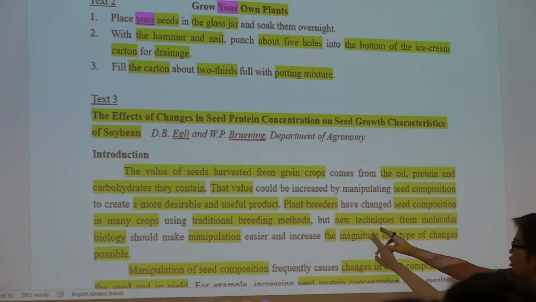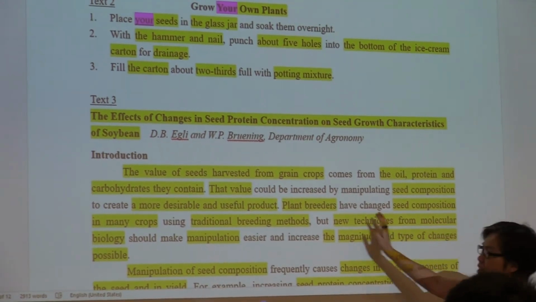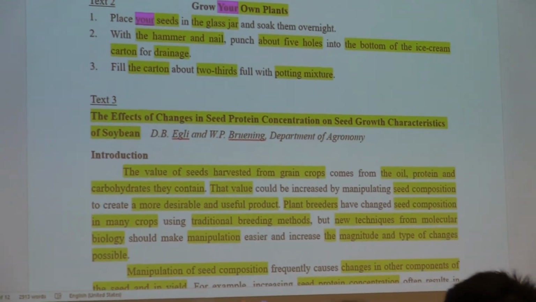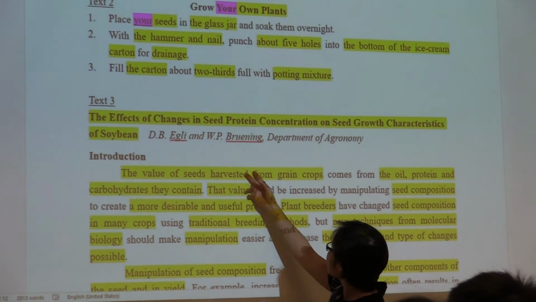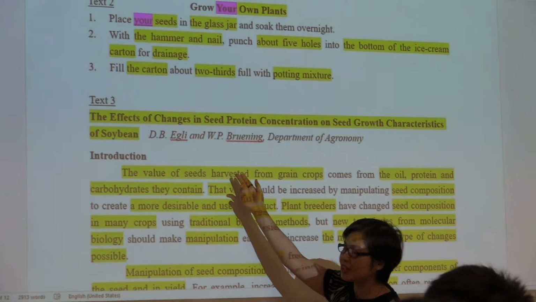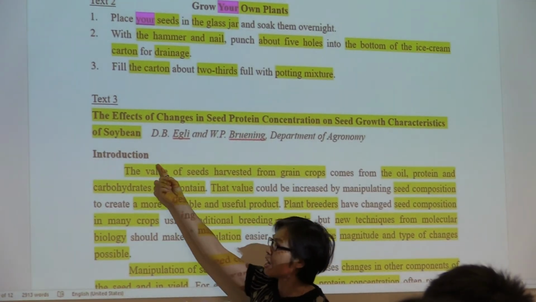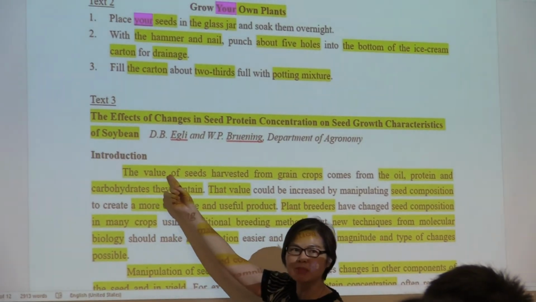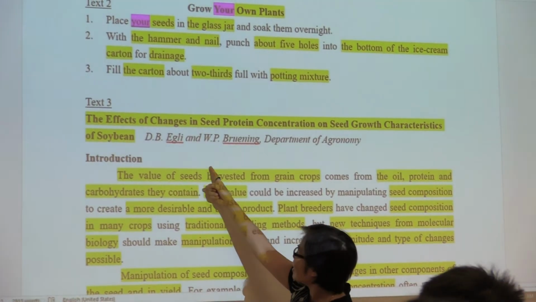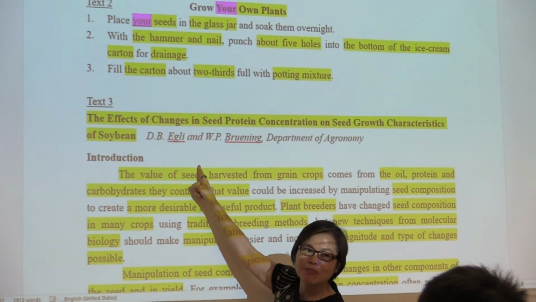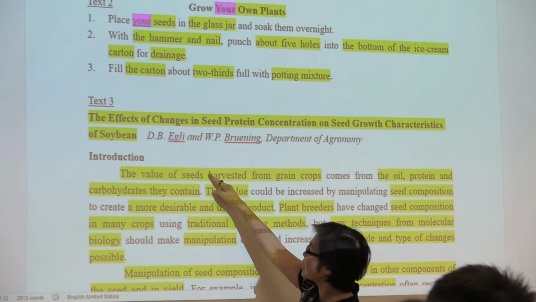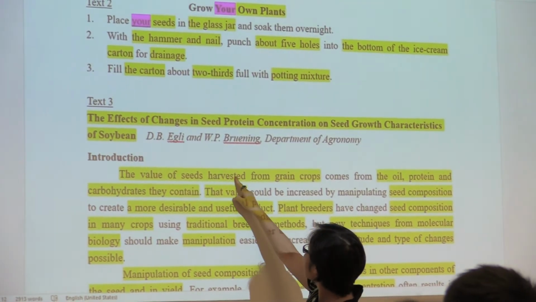For example, here, new techniques from molecular biology. So you have the post-modifier, a prepositional phrase. Or the value of seeds harvested from grain crops. What is the head noun in this phrase? Value, an abstract noun. Then it's post-modified by of seeds. Then seeds is post-modified by another structure, a non-finite clause, harvested from grain crops.